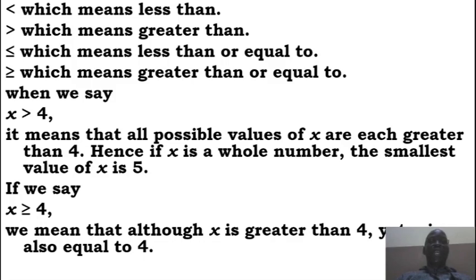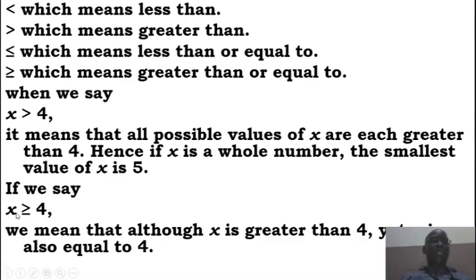So when we say x is greater than 4, it means we are talking about all numbers greater than 4. If we consider only whole numbers, then those numbers should be 5, 6, 7 down the line. Then if we say x is greater than or equal to 4, then in this case 4 is included in the system.